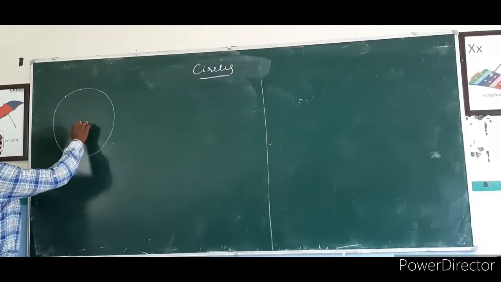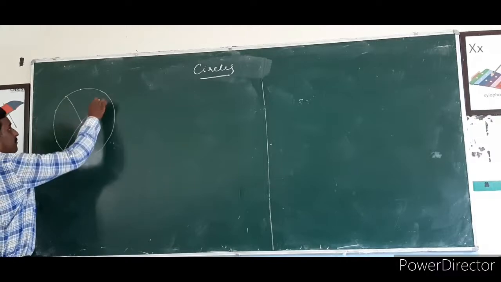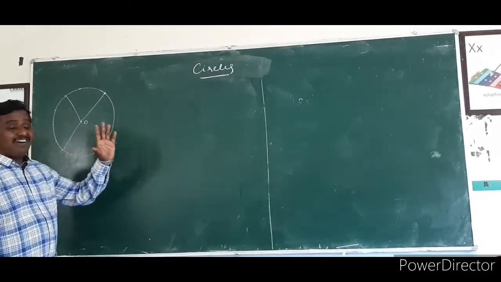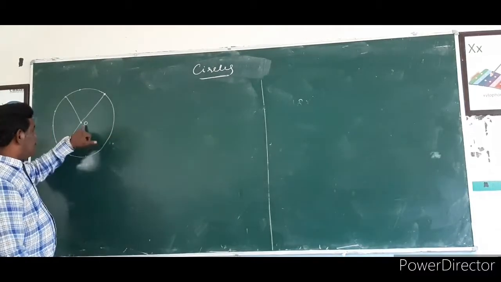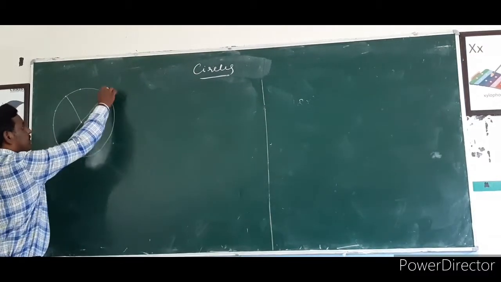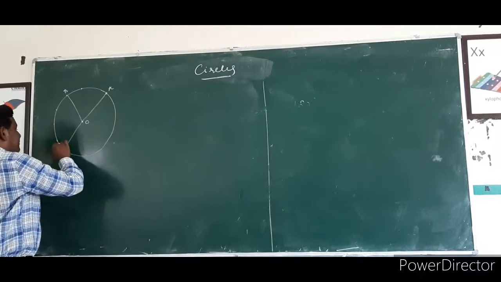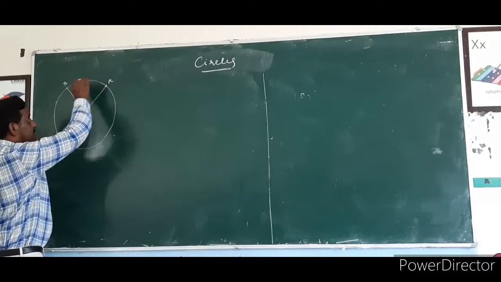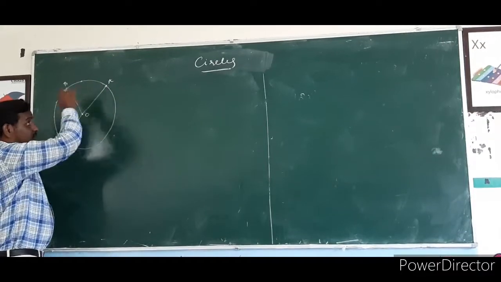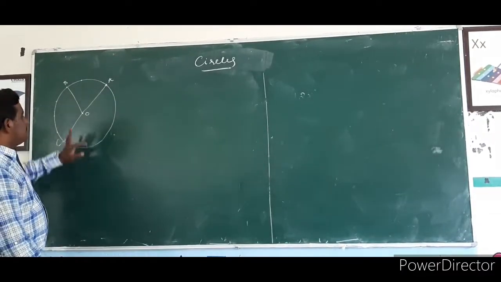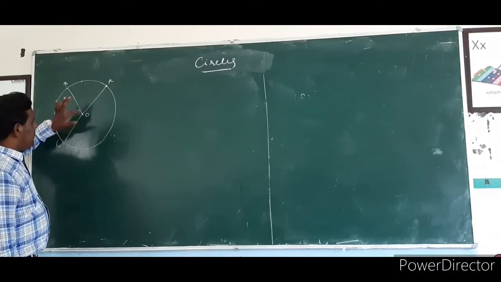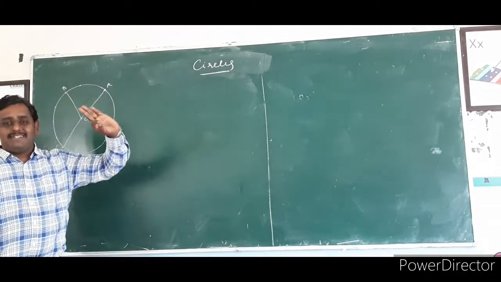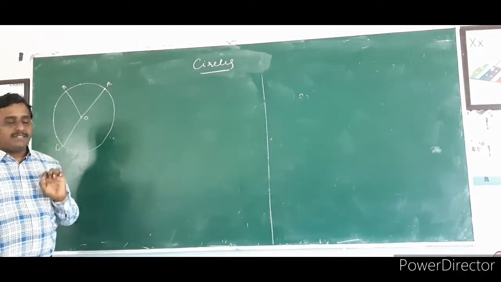From O to any point on the circumference, that distance is always equal. A, B, C are points on the circumference. If you join a line segment from the fixed point to a circumference point, it is always an equal distance. This is the meaning of circle.